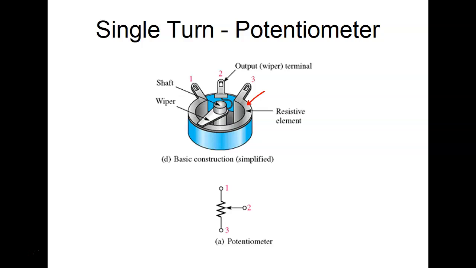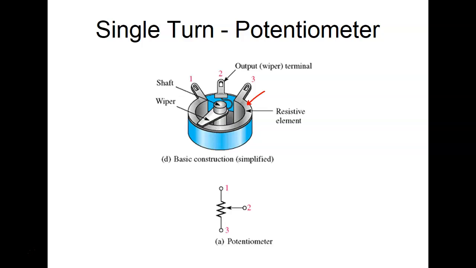Technically the leads are numbered 1 through 3. The center lead, or what we call the wiper, is always going to be in the middle on these turn pots. Well, I'm not going to say always. Normally it's in the middle, because odds are that you might run into that.